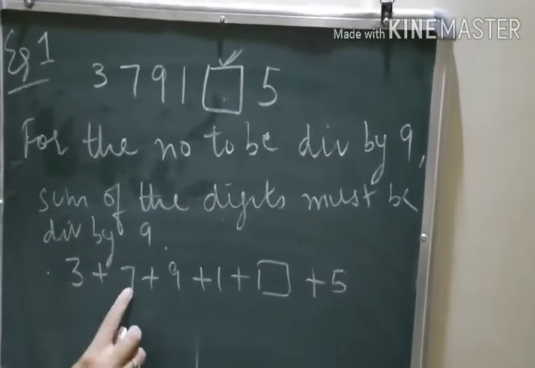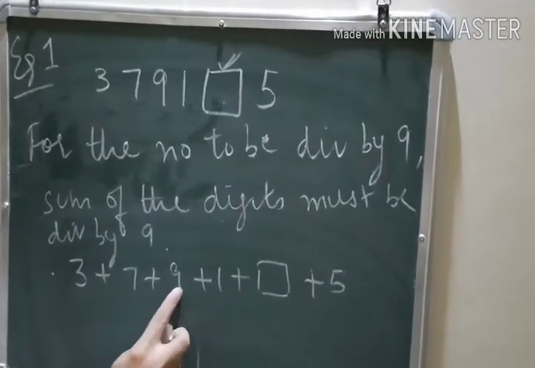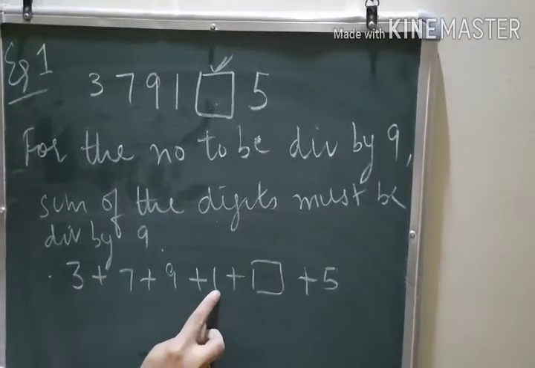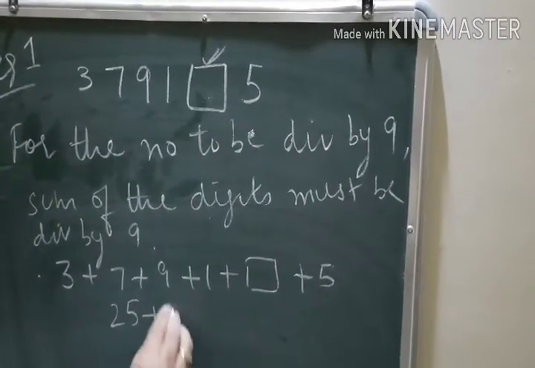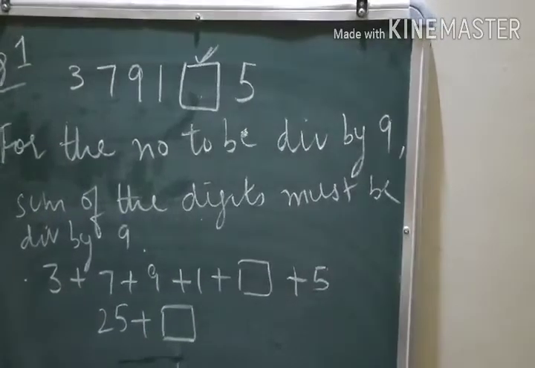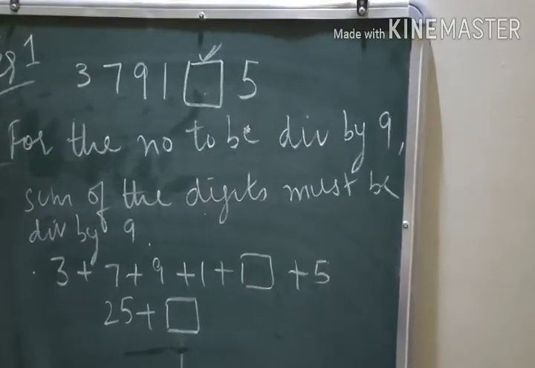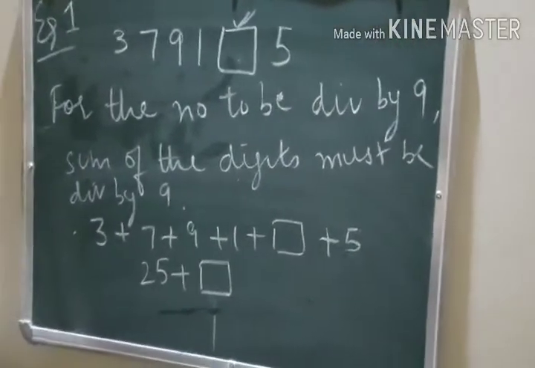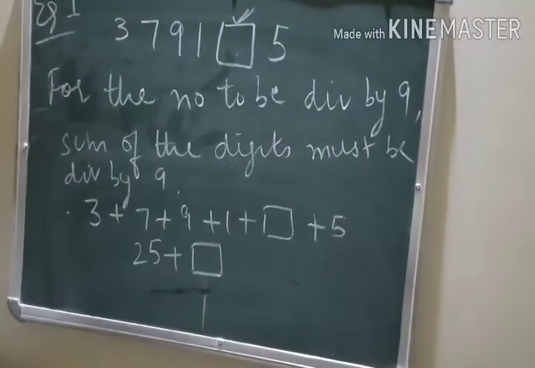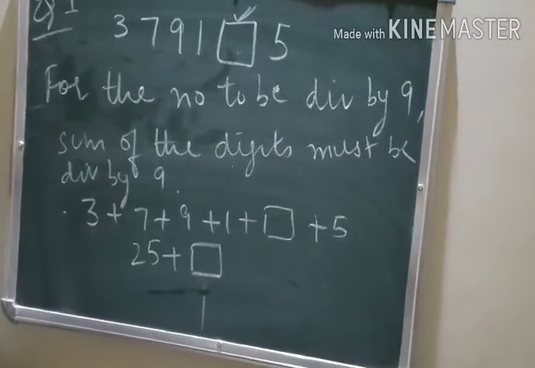So it is 3 plus 7, 10, 10 plus 9, 19, 19 plus 1, 20, 20 plus 5, 25. So 25 plus we want dash. What will be this dash? You have to look for the number which is nearer to 25 and that comes in the table of 27. कौन सा number 25 के पास वाला 9 के लेवल में आता है?